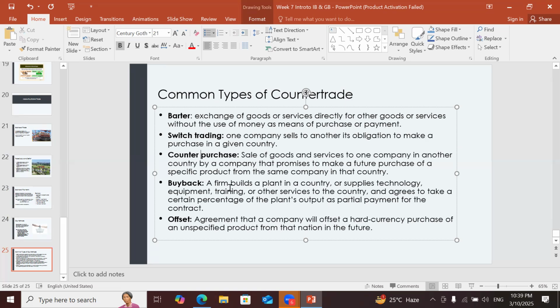Buyback: a firm builds a plant in a country or supplies technology, equipment, training, and other services to the country. Say, for example, in Bangladesh, some companies have the chance to give other countries business, especially software companies.